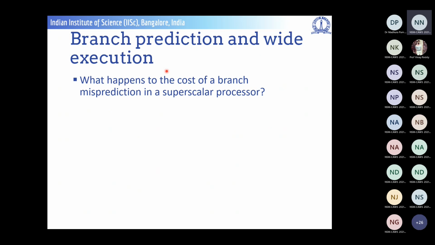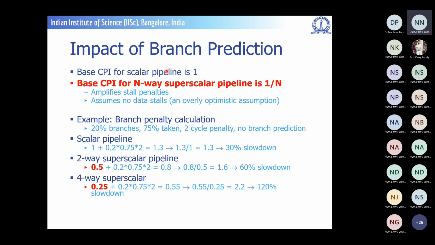Branch prediction actually has more impact on a superscalar processor. So let's see why, with this example. Remember that for an n-way superscalar processor, the ideal CPI, or cycles per instruction, is 1 by n.